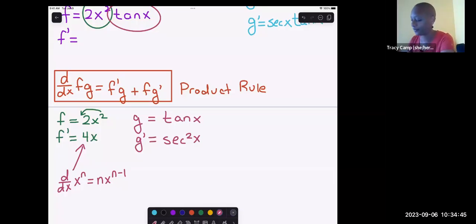So now we have our F, we have our G, we have our F prime, we have our G prime, and we're going to apply the product rule now.